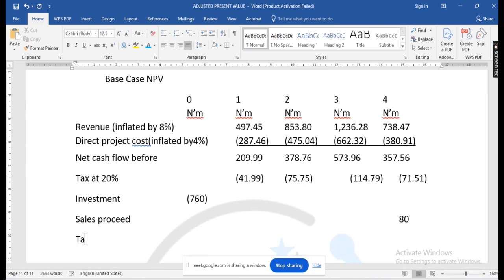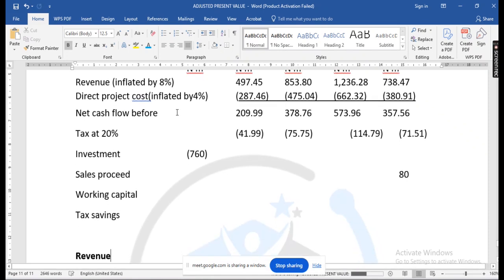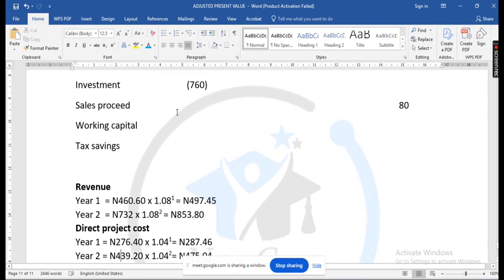Let me just put it as tax. Which one should they start with? Working capital, tax savings. Okay, working capital. Next, tax savings. So we'll need to work the working capital as well as what? The tax savings.